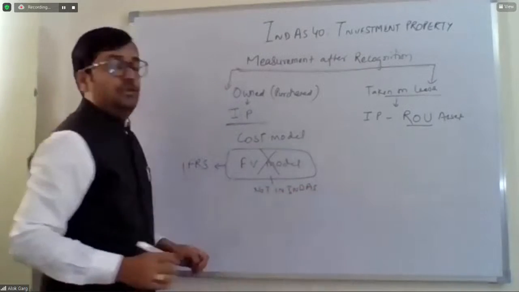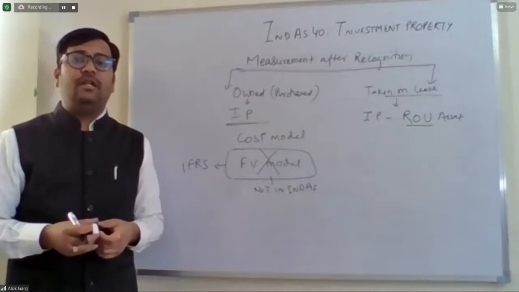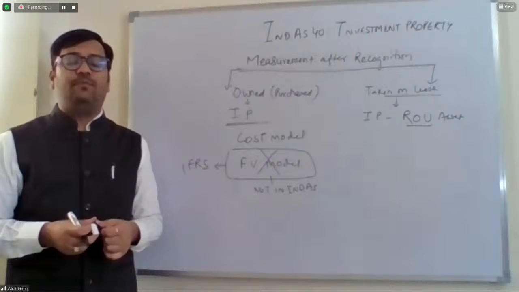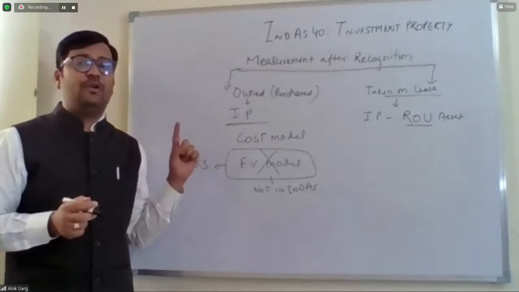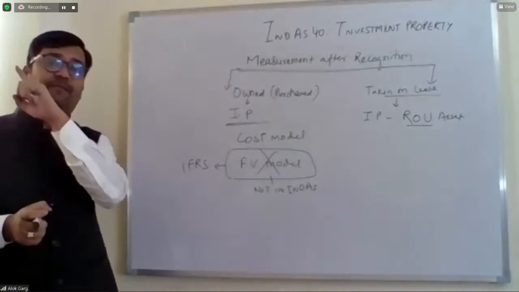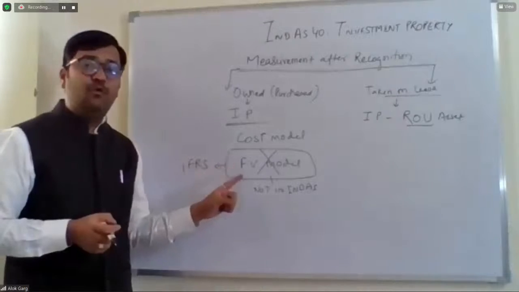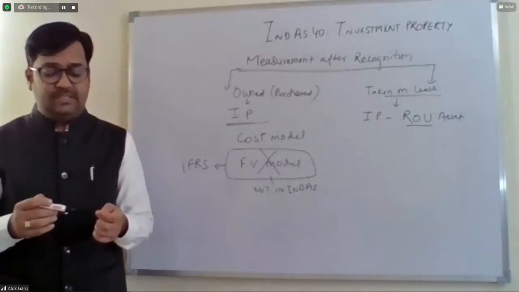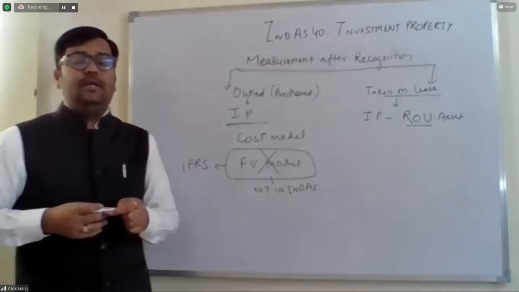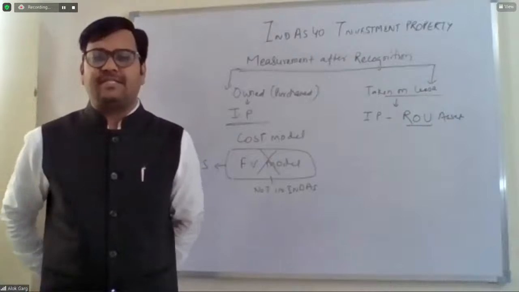Okay. So you remember we have discussed two models, cost model and revaluation model in IndAS 16 property, plant and equipment. Likewise, these two models, cost model and fair value model, are there in IFRS in IAS 40, but under IndAS 40 we have removed the option of fair value model. Okay, because India has started using IndAS from 2015-16.